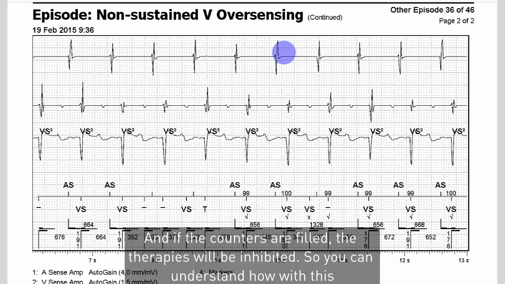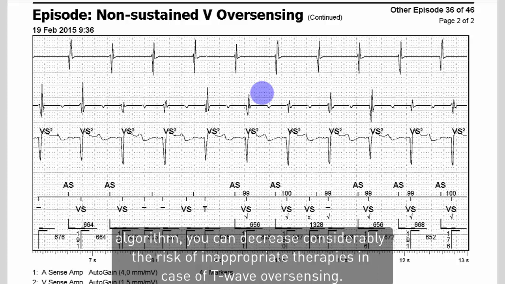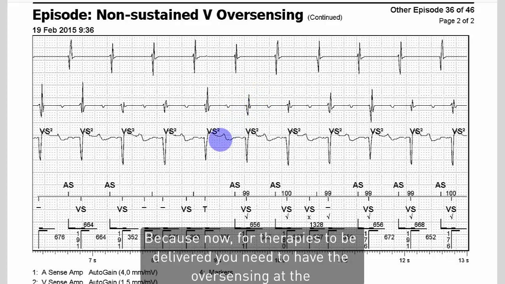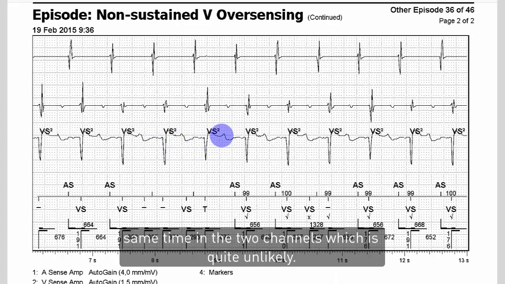So you can understand how with this algorithm you can decrease considerably the risk of inappropriate therapies in case of T-wave oversensing. Because now, for therapies to be delivered, you need to have the oversensing at the same time in the two channels, which is quite unlikely.